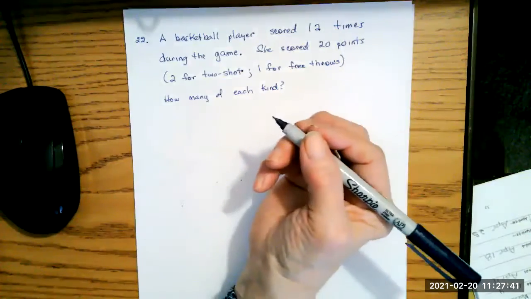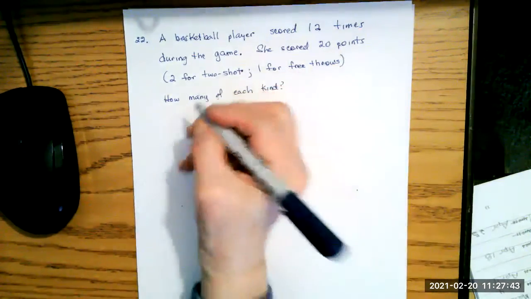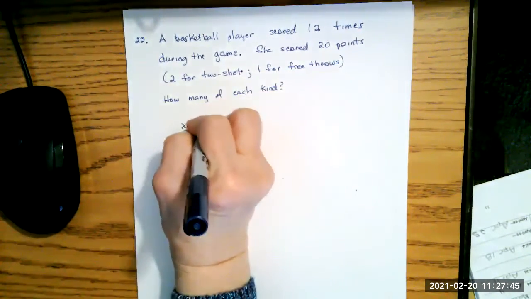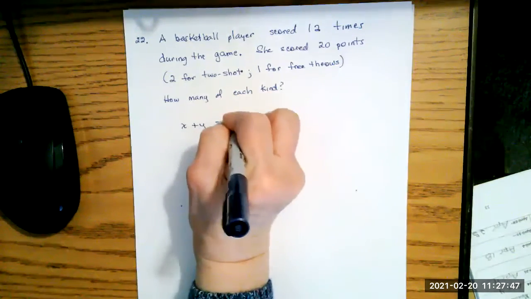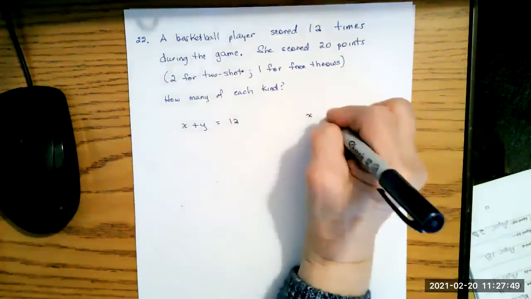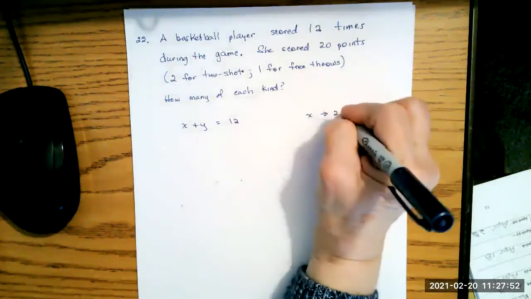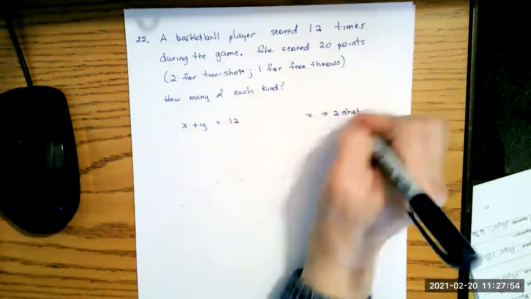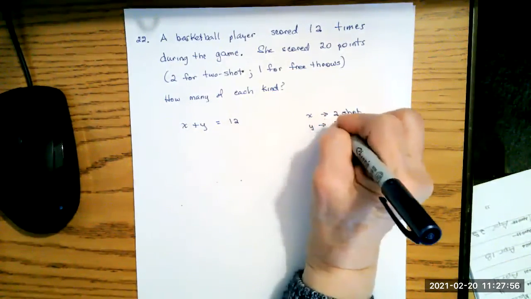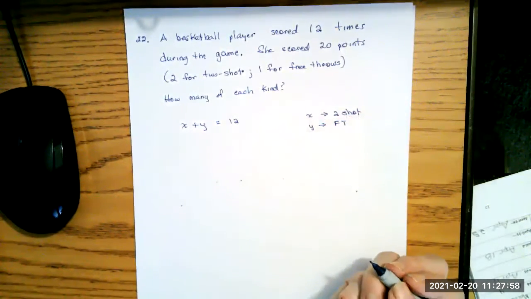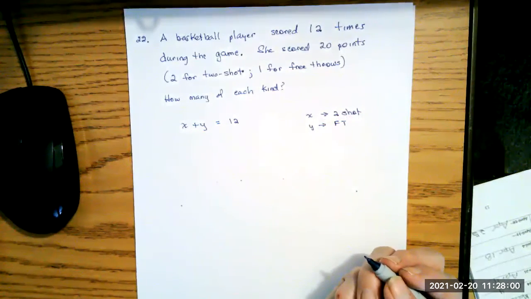So let's let x plus y equal 12. And we're going to let x be the 2 shot and y be the free throws. Okay, just because we have to assign point value to them for the second.